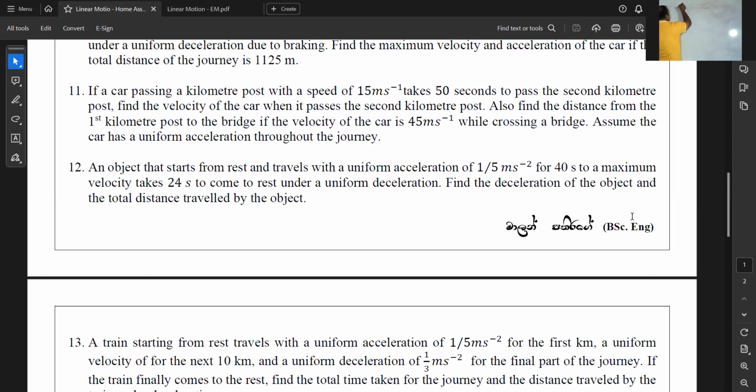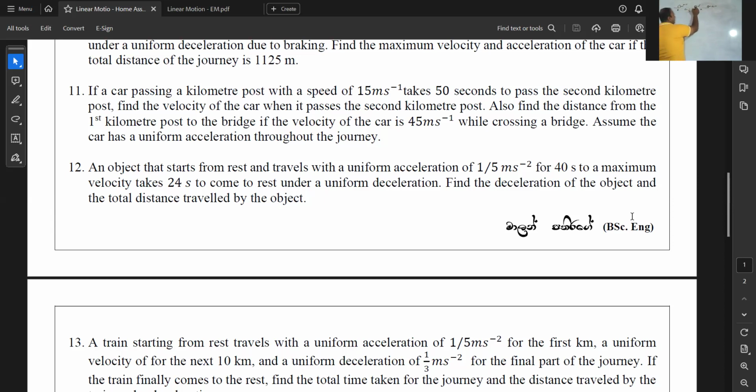Then the initial velocity is 0 and it has an acceleration of 1/5 and then it comes to the maximum velocity. After that, it comes to rest under the constant deceleration.